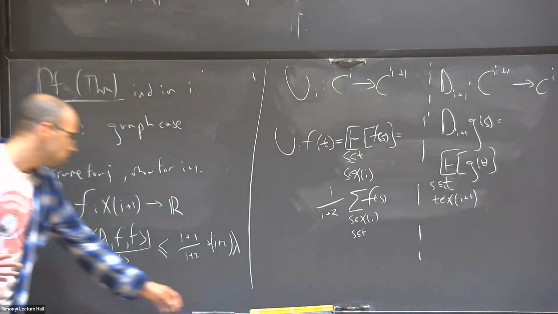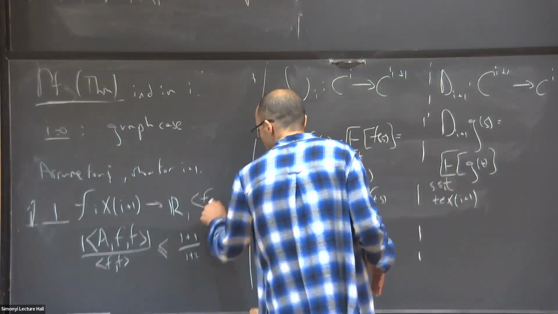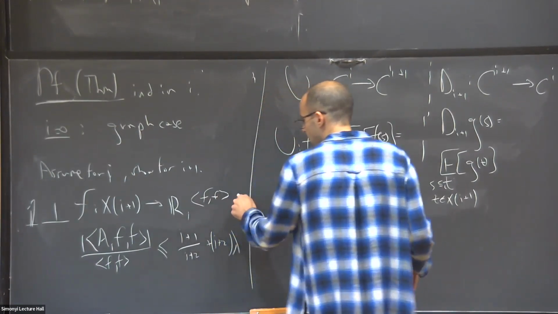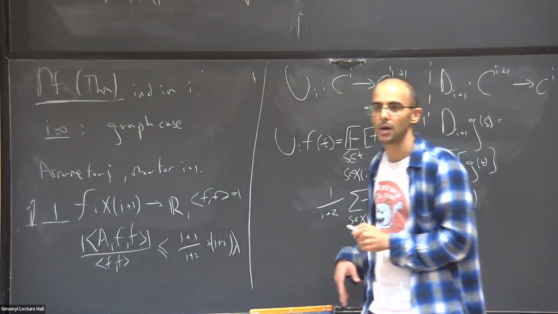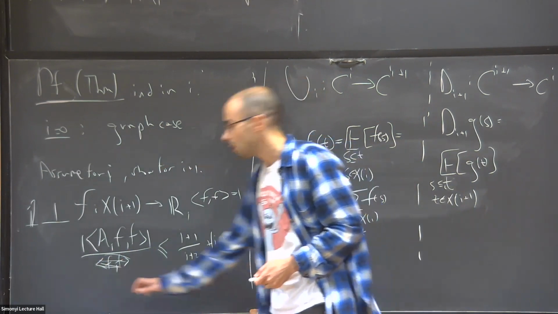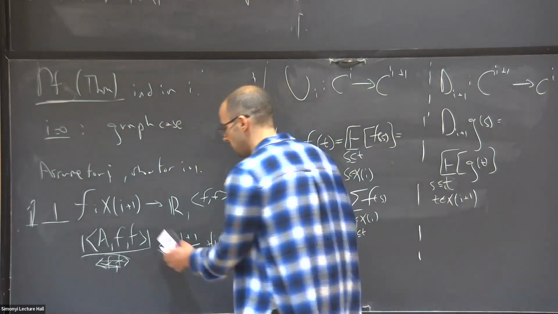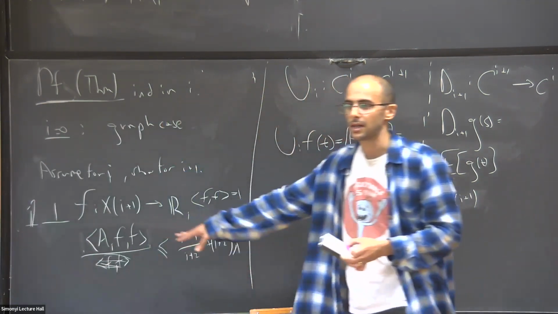And I'm going to make my life a bit easier. First of all, of course, this inequality is homogeneous. I can just assume that the denominator is 1, by scaling. So let's do that. And also, for simplicity, I'm only going to do this upper bound. This is the hard part.